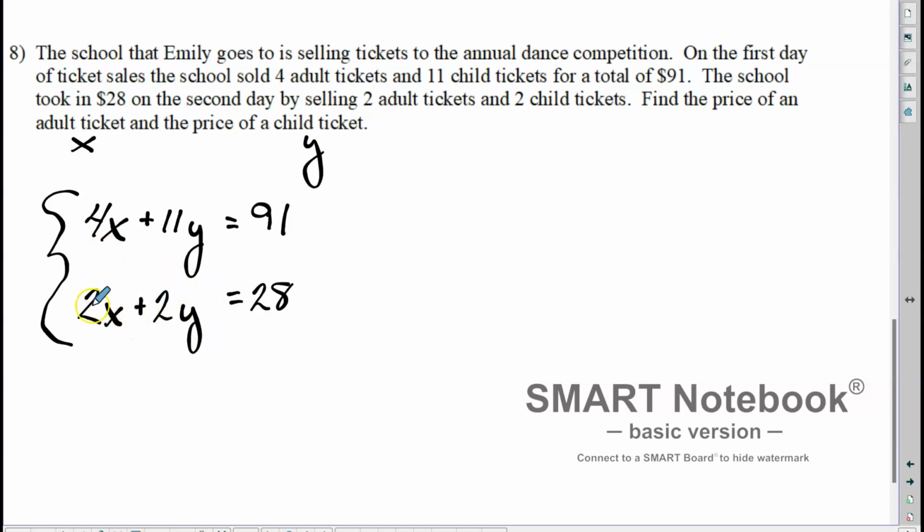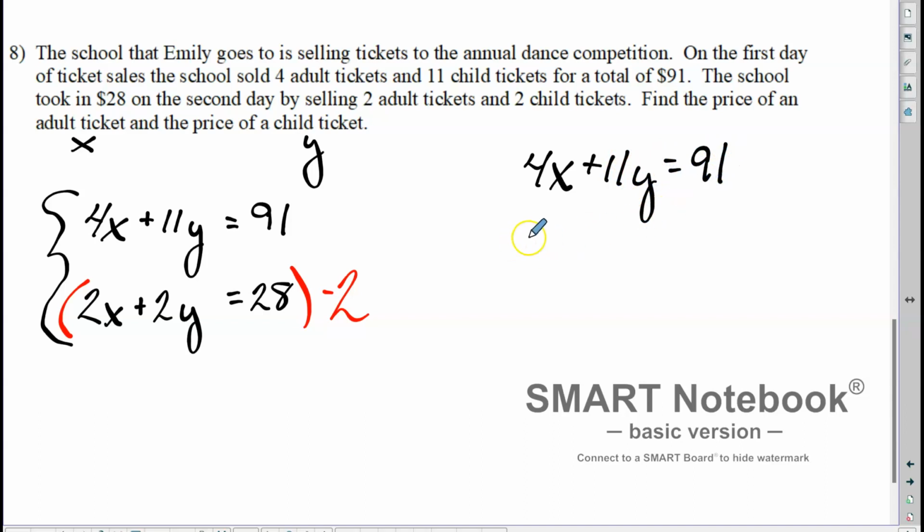I'm going to multiply the bottom equation by -2 so that I can eliminate. I think most of us like elimination, so when you have a chance, jump at it.